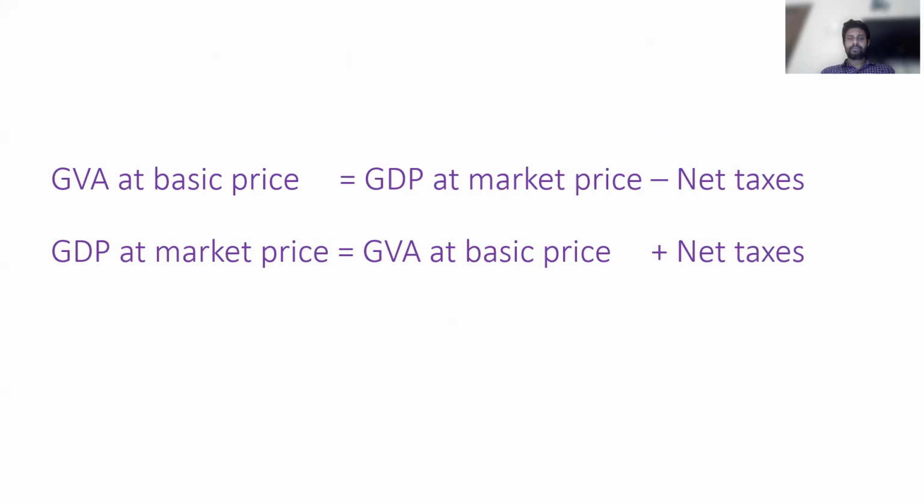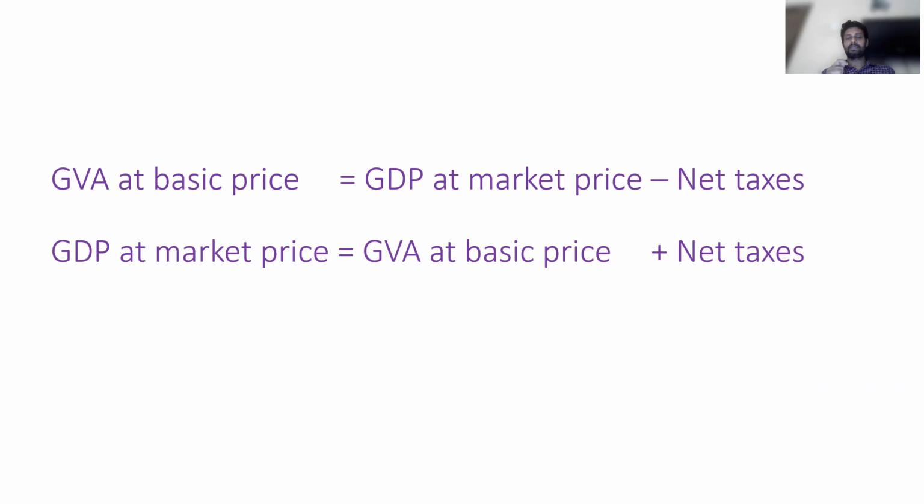Then I added, as a last point, GVA at basic price and GDP at market price minus net taxes. Net taxes means taxes minus subsidies. That's what net taxes are. Then GDP at market price means GVA at basic price plus net taxes.